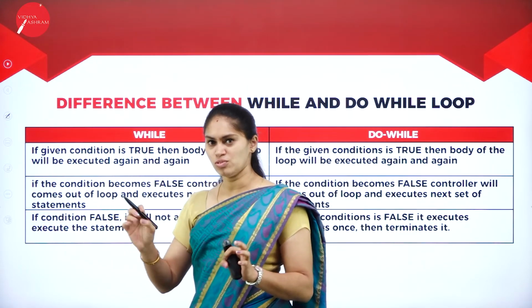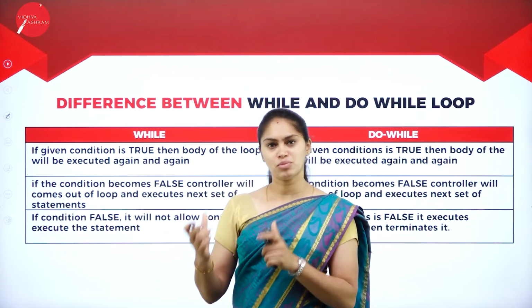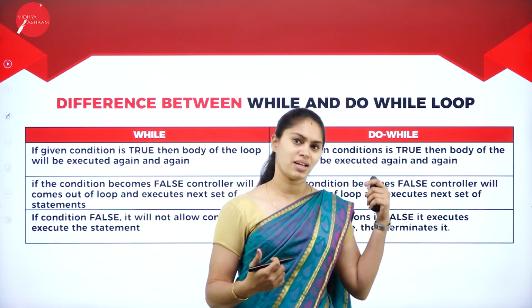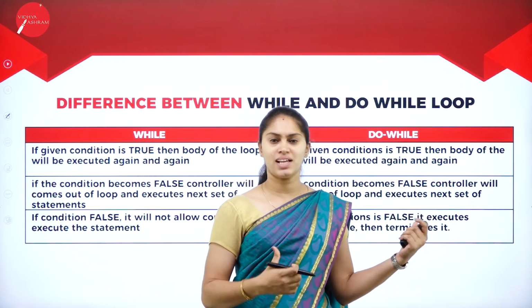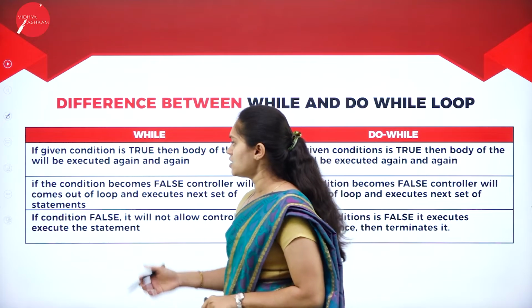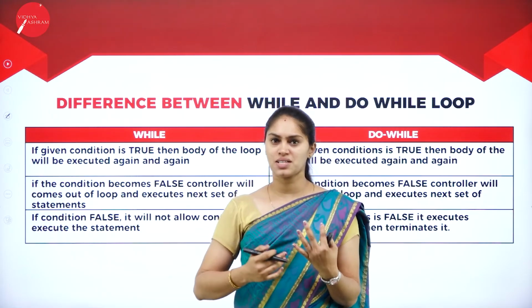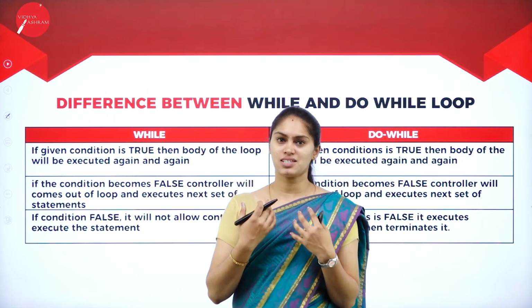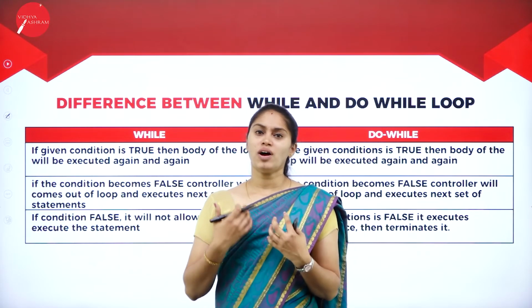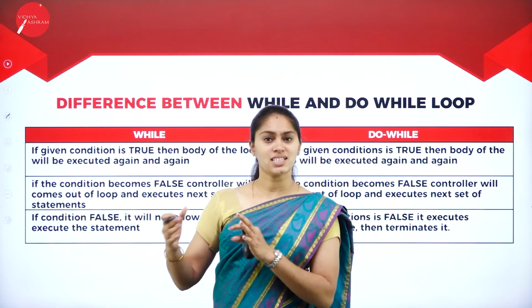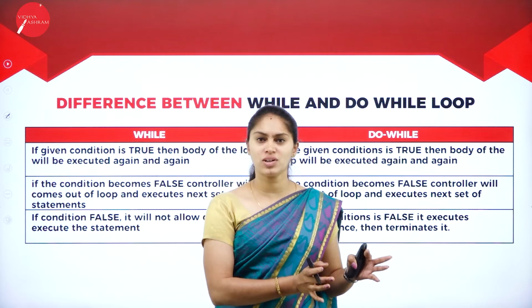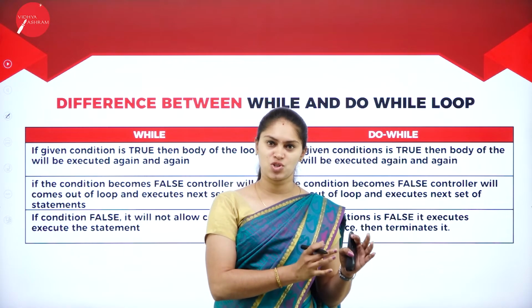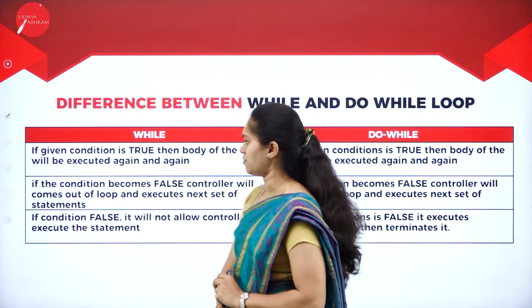Now, what we do if the test condition becomes true in while, or true in do while, as well as the false case. You can't consider this as a difference, but we are just writing it to make you understand what we do in a while if the test condition is true, and what we do in a do while if the test condition is true, and likewise for false.